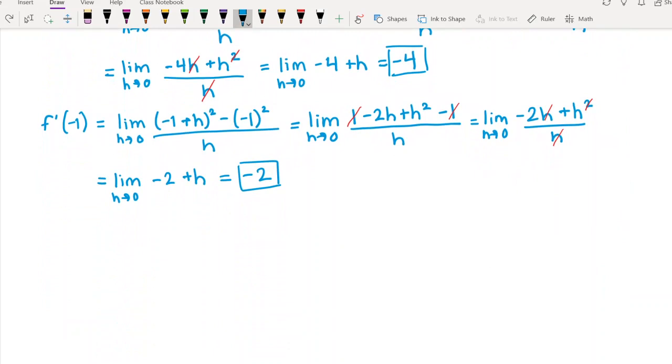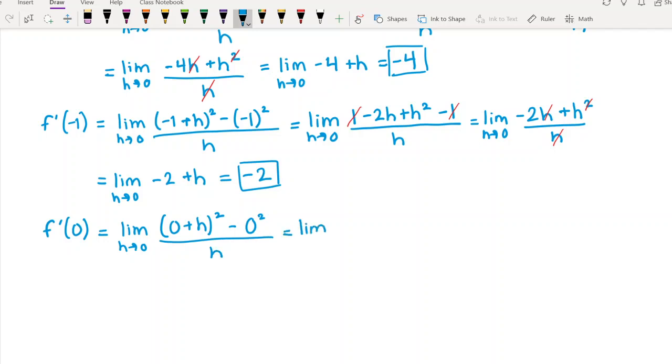Okay, last one's going to be a little bit faster. So the last one I wanted to do was 0. So if we do this at 0, we're going to get 0 plus h squared minus 0 squared, all divided by h. So that limit as h approaches 0, the whole thing basically just simplifies in the numerator to just h squared over h.